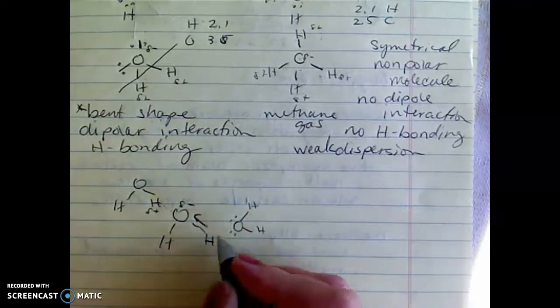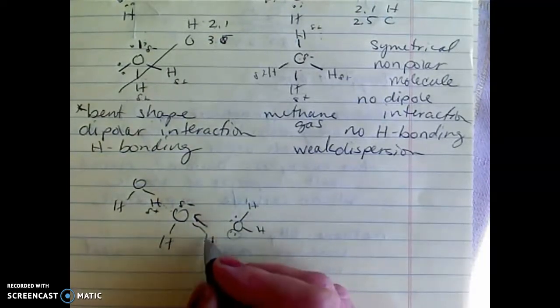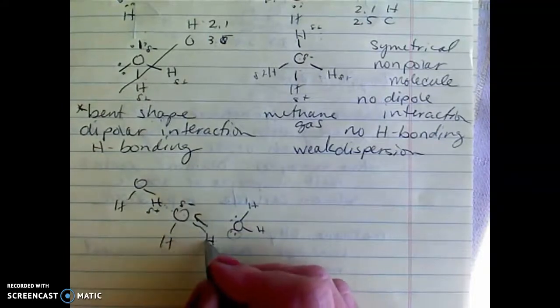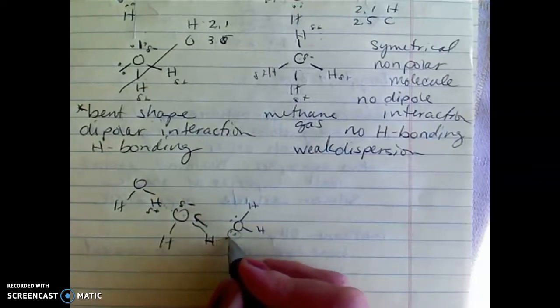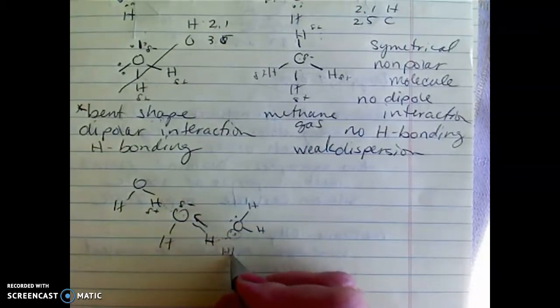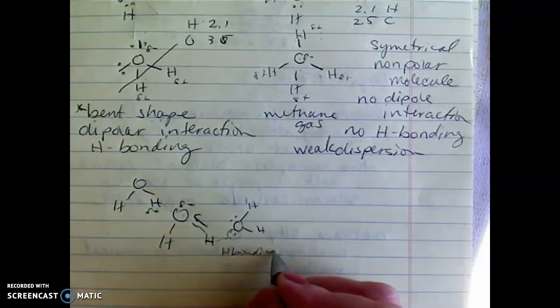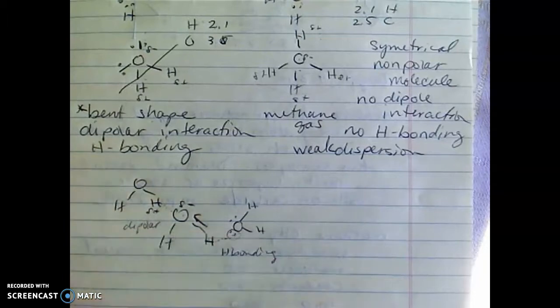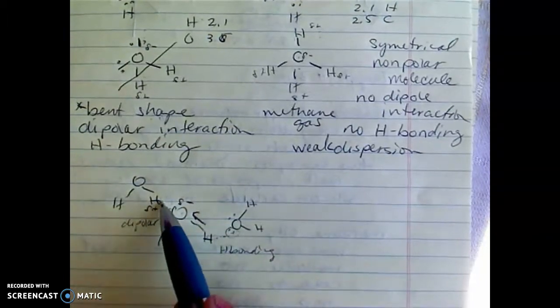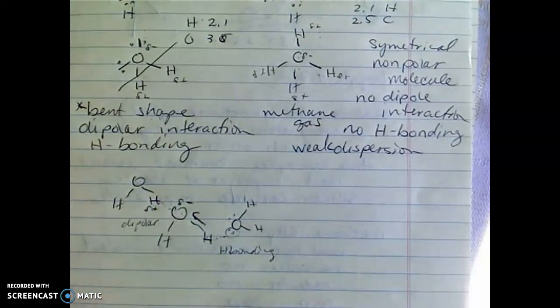This hydrogen sees that and says, hey, since this oxygen has the electrons, I'm going to attract to those electrons. And so you've got hydrogen bonding here, as well as dipolar interaction. And this is doing hydrogen bonding too, so you've got two kinds of attractions going on.